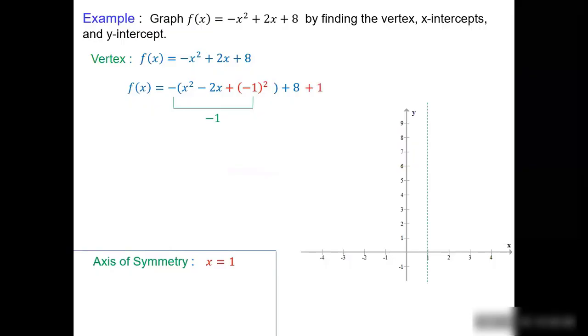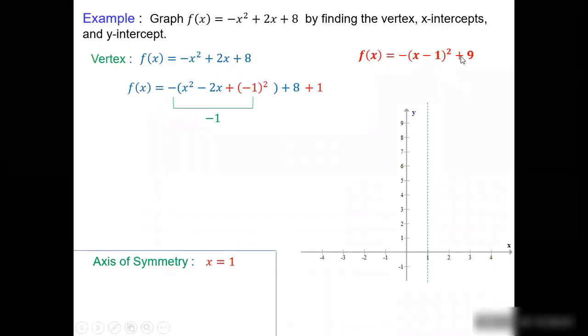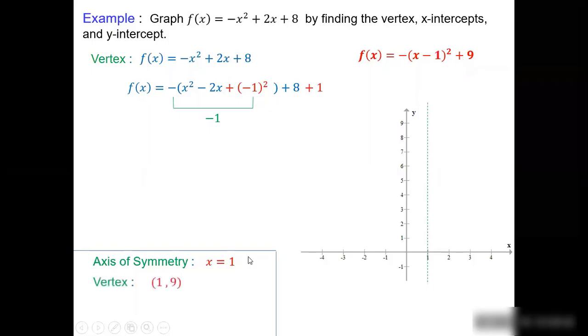So to compensate, we have to add 1 back on, which now gives me the vertex form, or the transformation form, of the negative quantity of x minus 1 squared plus 9. And that will also give me the same vertex that we found by using that formula.